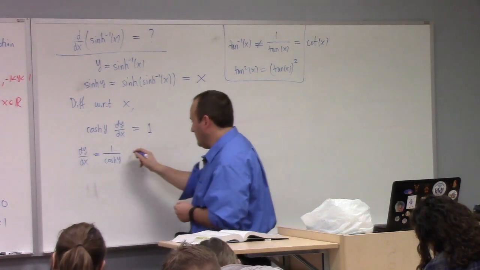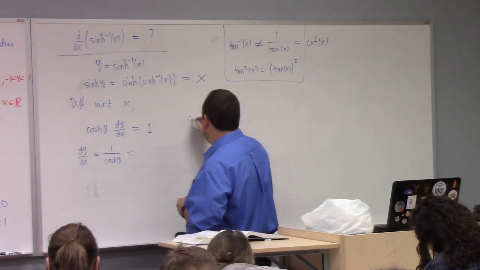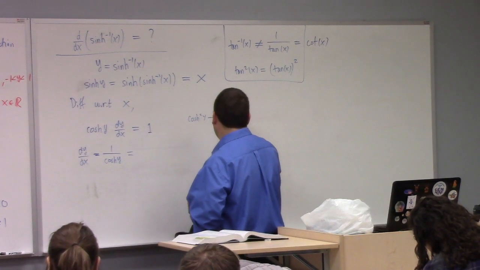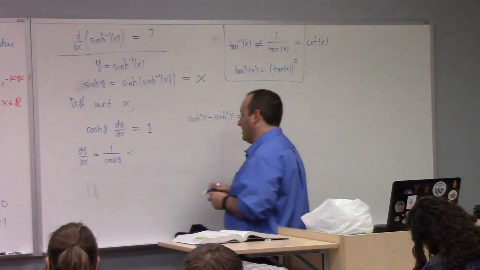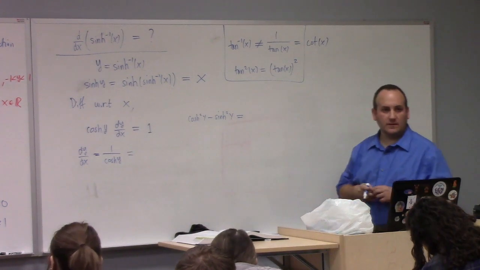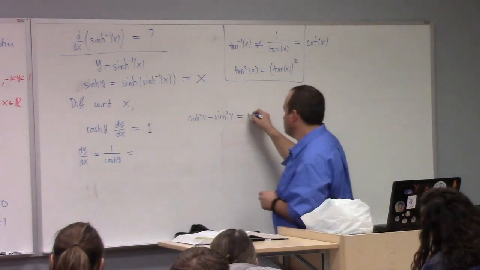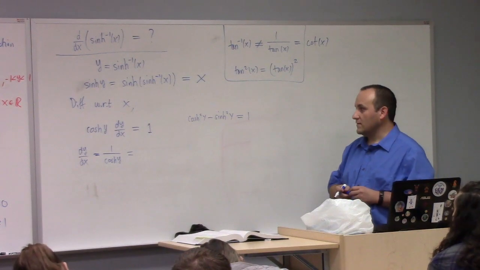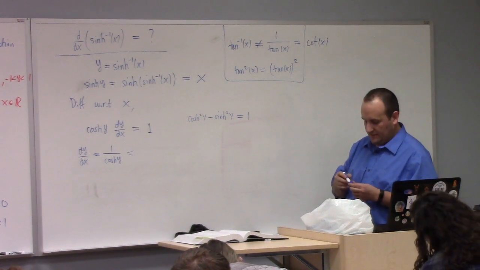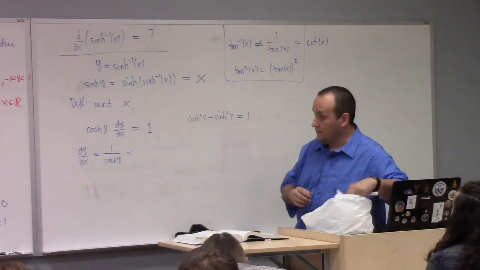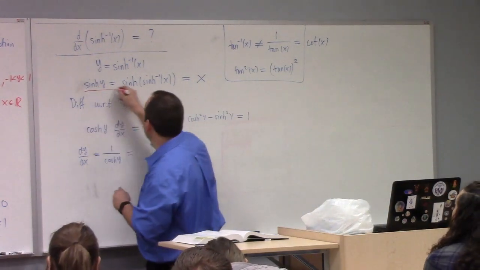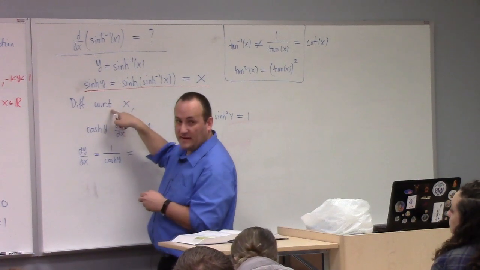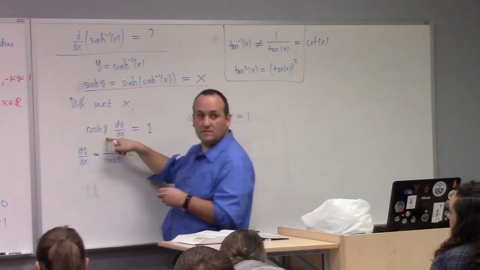But at this stage, I need to remember cosh squared y minus sinh squared y is equal to what? Yes, sir? Where'd you get the cosh y, that equation that cosh y dy over dx equals 1? So differentiating implicitly, it's right here. I differentiate with respect to x, and I get this.